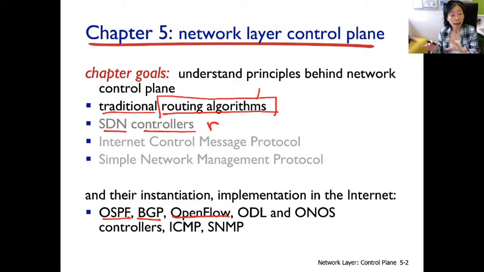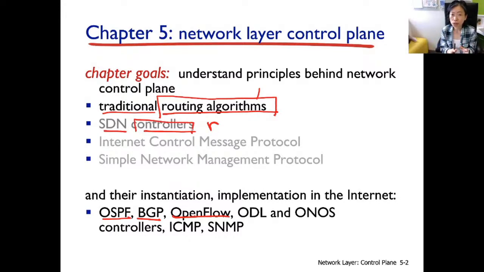So, after the control agent receives the flow table, the flow table gets installed, and therefore the SDN routers can do flow table lookup and generalized forwarding. Now, the remote controller here is actually quite general.